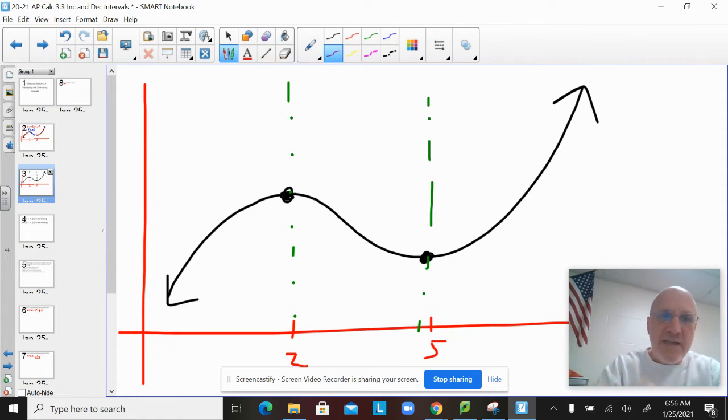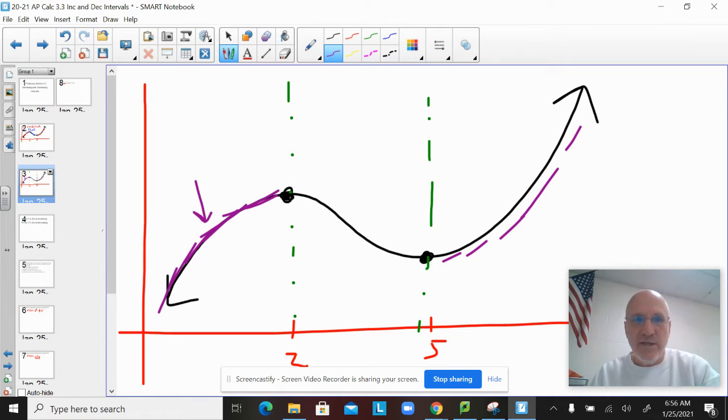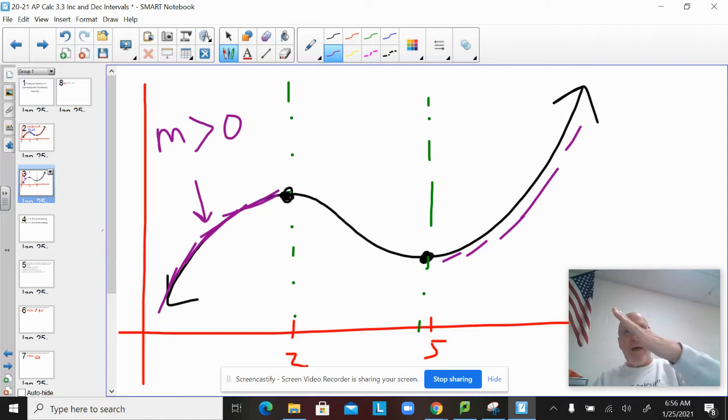If I draw a bunch of tangent lines, what do I know about all those tangent lines? On the intervals where the function is increasing, the slope of all these tangent lines is positive. The slope is positive, the function is increasing.